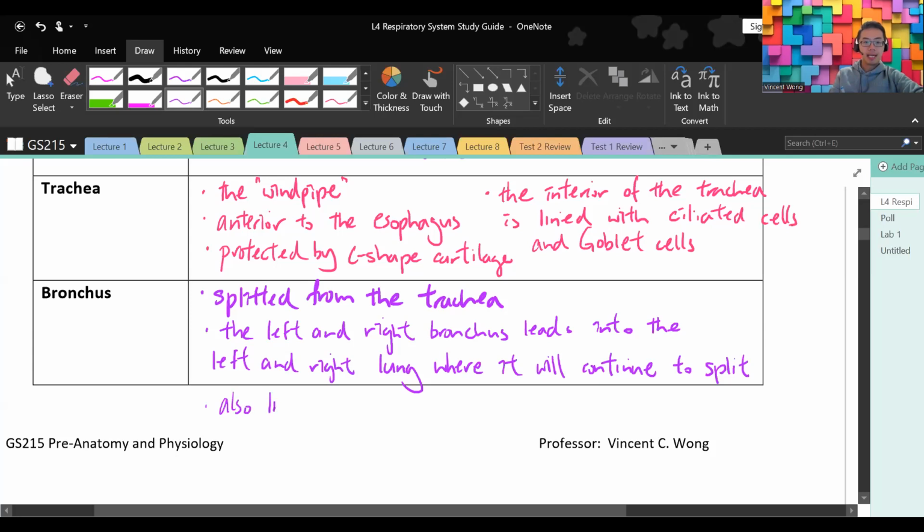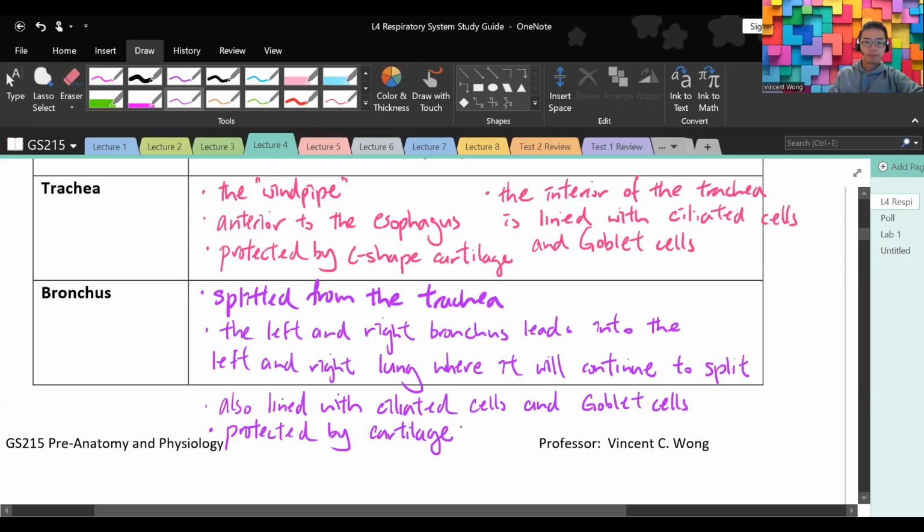Also lined with ciliated cells and goblet cells. Protected by cartilage rings. Right?